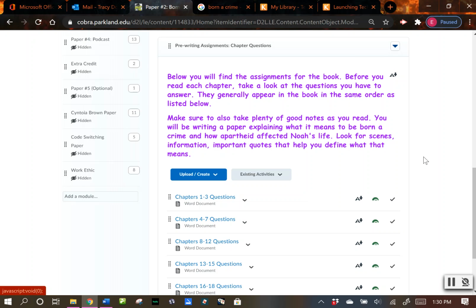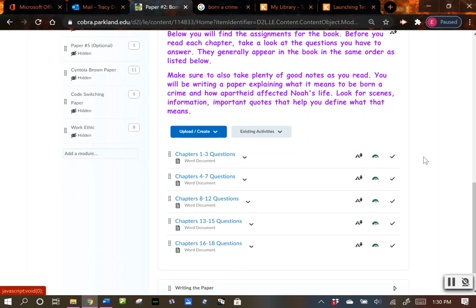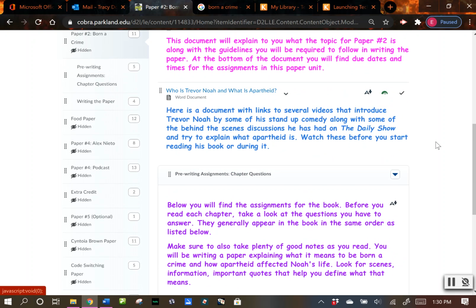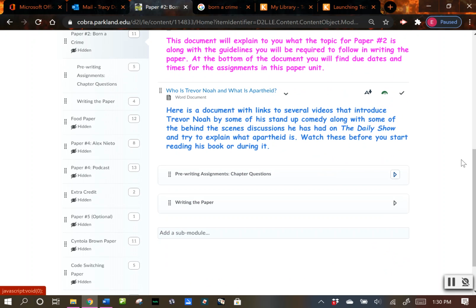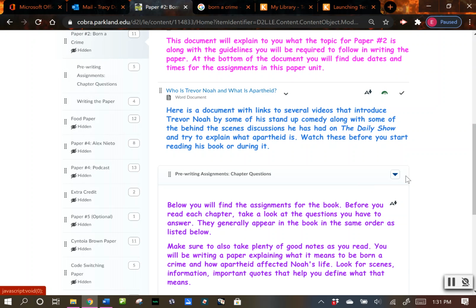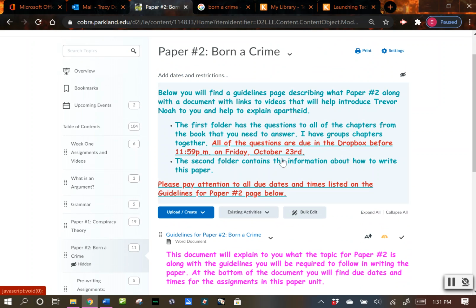And so as you read through this, if there's scenes, if there's stories, if there's really good quotes that you like, that's going to help you define in your own words what born a crime means and how apartheid had affected his life, then absolutely take notes on those. Okay, it's important that you take notes on that. And so that's our pre-writing assignments. These will be due in the Dropbox Friday, October 23rd.